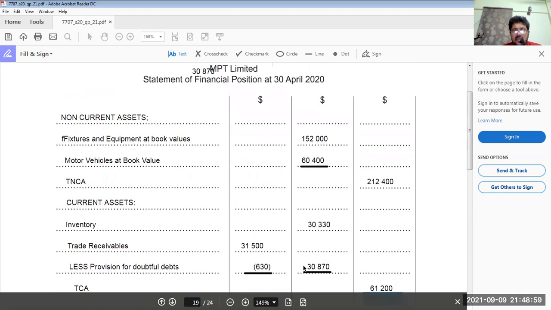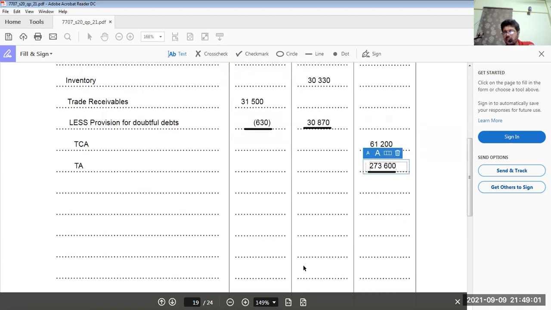Done? Balance sheet is based on the accounting equation. Assets is equal to liabilities plus capital. So this is one side of the balance sheet, total assets. And if we add liabilities and capital, we will get the same balance, 273,600. This is the requirement. Now our heading, current liabilities.